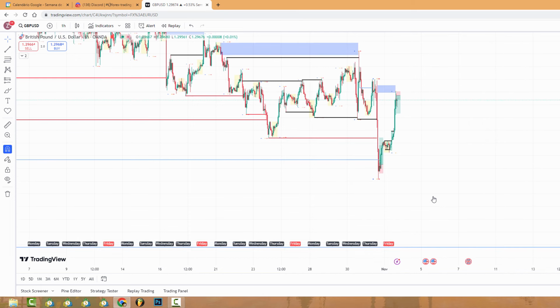Alright, if you want to have an edge in the market, you must have a plan, and you must have confluences. You must have things that align with your analysis, so that you're more likely to be right, because that's the point of having an edge. You don't need to be 100% right in the markets to make money. Right? I hope you understand that.